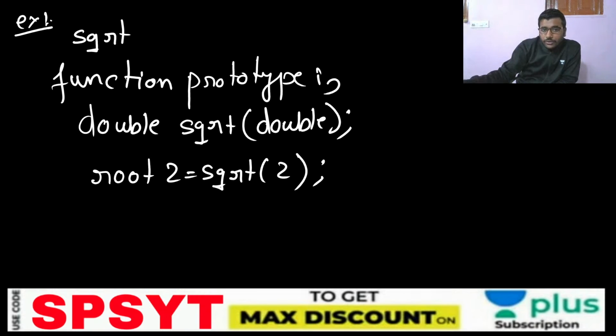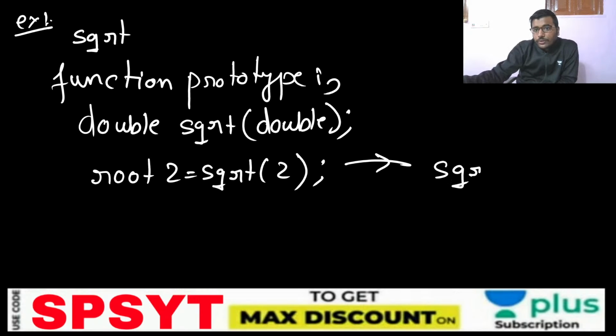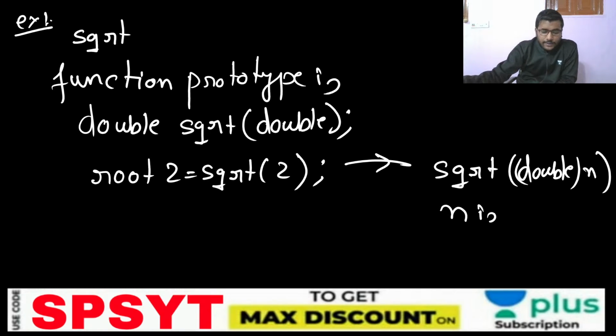So whenever you are calling square root on an integer, it will convert it to double. This type conversion is going to happen. Here we have n, and n is an integer. This is what I am trying to tell you.